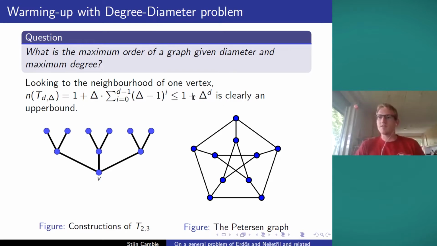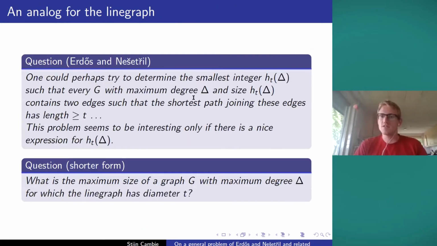The problem of Erdős and Nešetřil is about a similar question, but instead of looking at the diameter of the graph, we will be looking at the diameter of the line graph. I hope everyone knows the definition of a line graph. If you have a graph, you consider all edges as being vertices, and two edges are adjacent if they share a vertex in the initial graph.